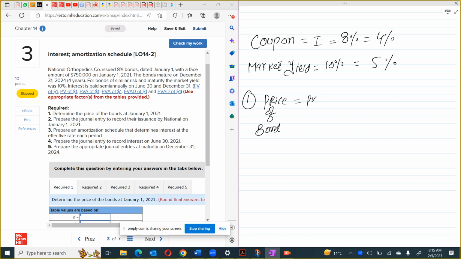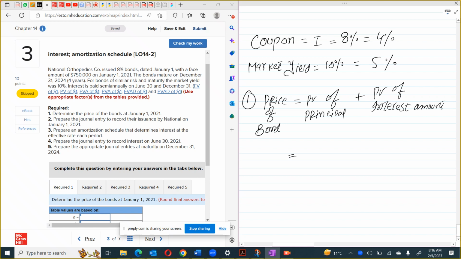Do not forget: present value of principal amount plus present value of interest amount. We will use the effective interest rate in the calculation of the interest amount. So what we need now is the present value of interest.